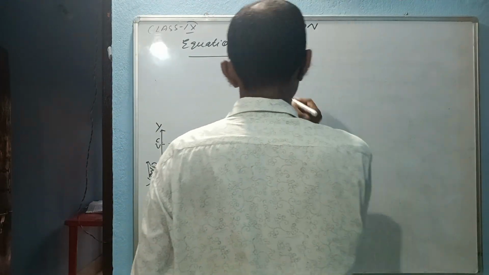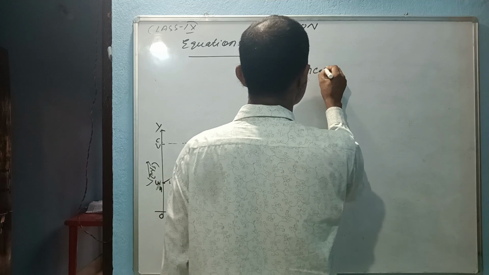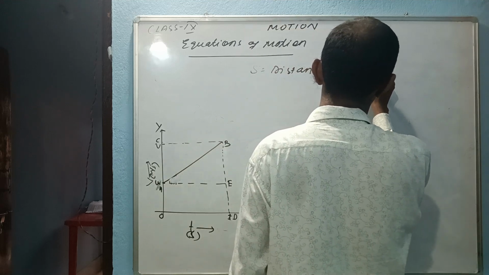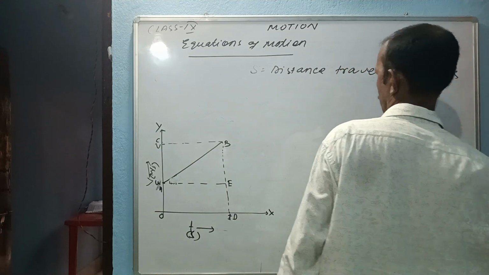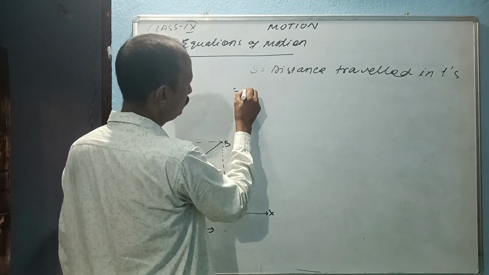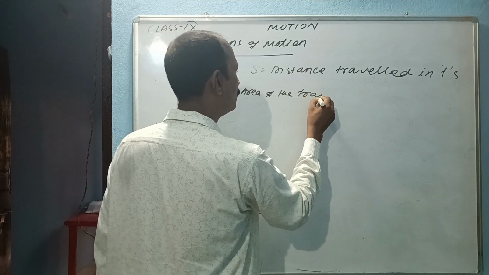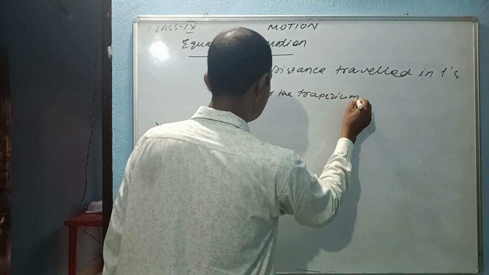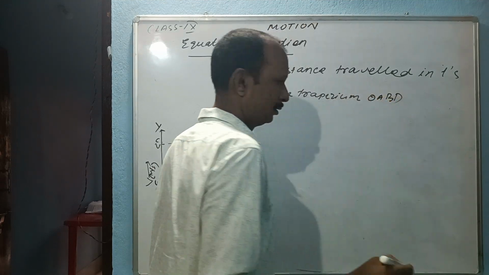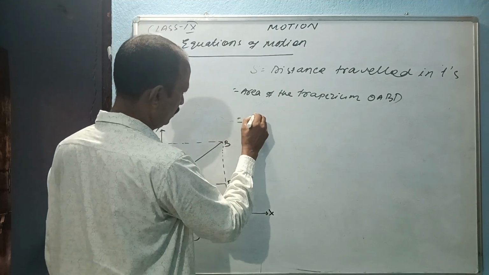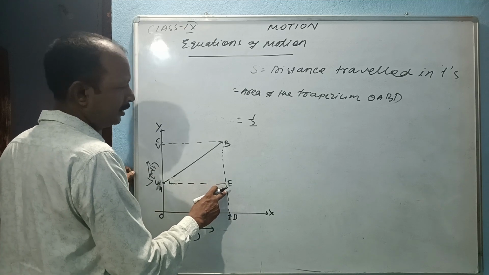See here, s is the distance traveled in t seconds. This is equal to the area of the trapezium OABD. So trapezium formula, what? Half into perpendicular distance between them.